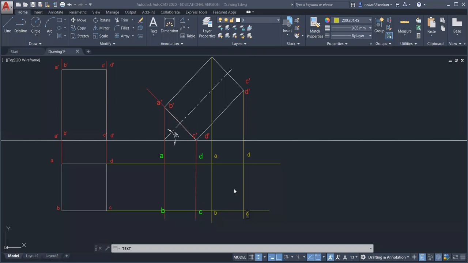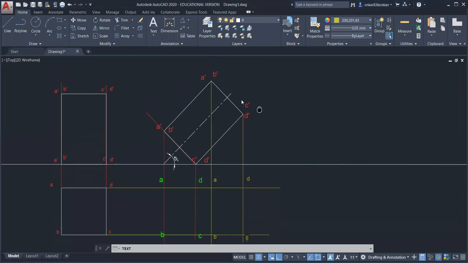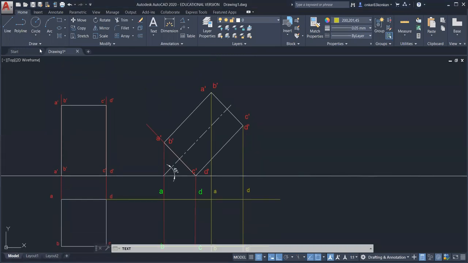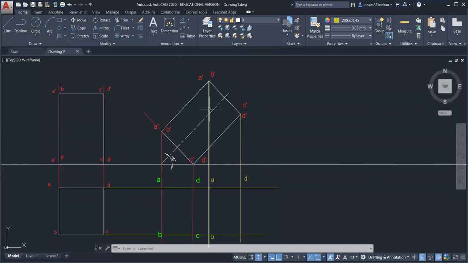Okay. Now we have to observe from the top direction. Just assume that you are looking at this object from this direction.